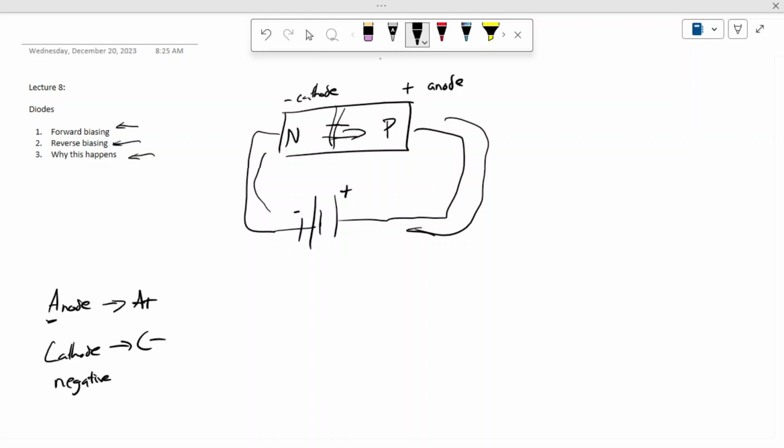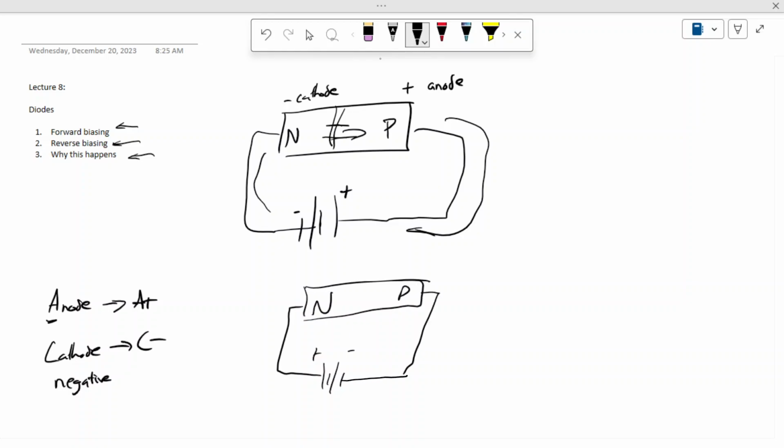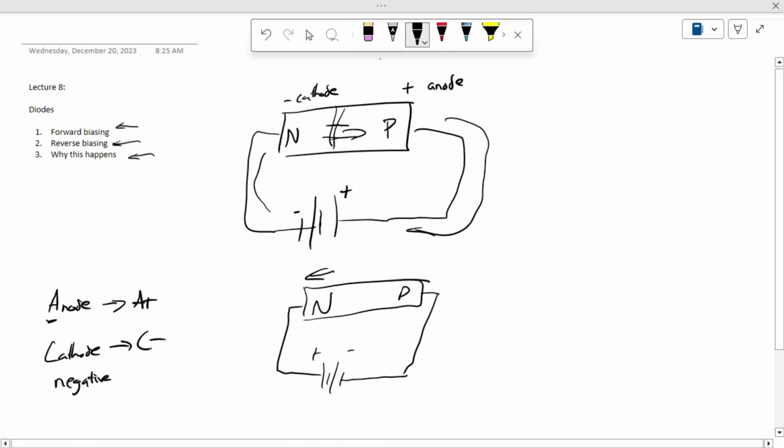However, if we hook it up in reverse, if I have my N and P side and I flip it, so now I have my positive connected to the N part and my negative part of my battery connected to the P part of the diode. Now what happens is these negative charges are attracted this way and the positive charges are attracted this way.